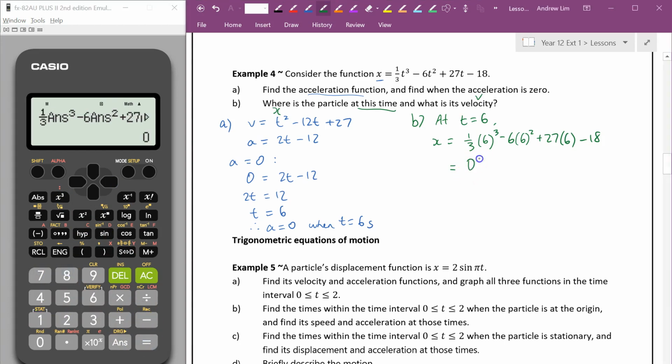Zero, so it's at the origin, and velocity is equal to t squared minus 12t plus 27, which is minus 9.